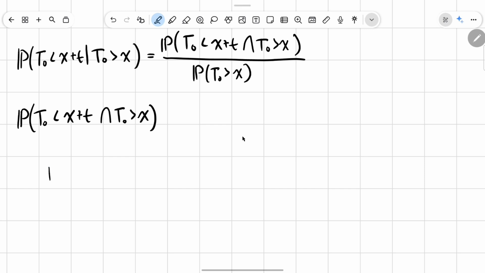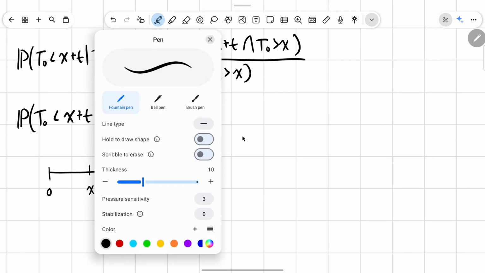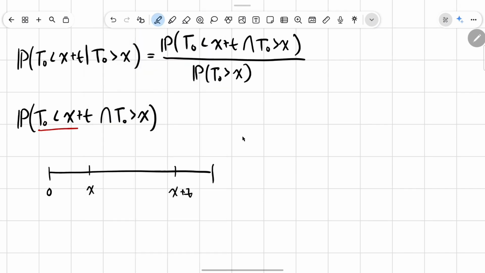So let's write this in a timetable. 0, x plus t. We want to find the intersection between these two. So let's use a different color. This part, T0 less than x plus t, is just saying the person's age of death must be within here.